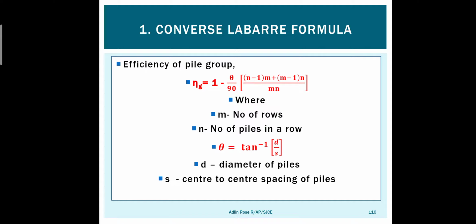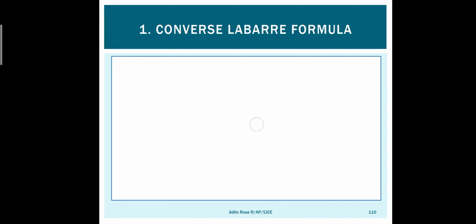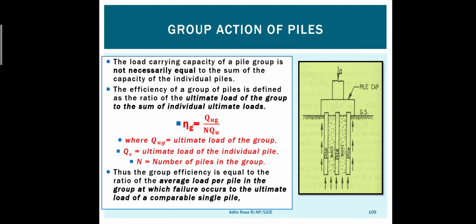So we substitute in theta equal to tan inverse of d by s, find theta, and substitute in the Converse-Labarre formula to find the efficiency of the pile group. After finding the efficiency, we can substitute in this formula: eta g is equal to Qu(g) by n into Qu. Here eta g we found by the Converse-Labarre formula, n we know is the number of piles, and Qu is the single pile capacity.